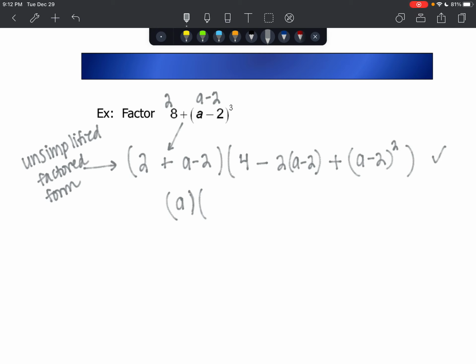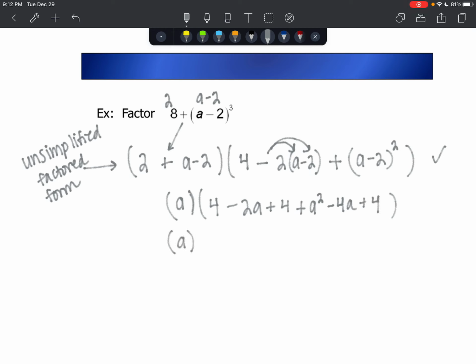And then what we have over here is 4 minus 2a plus 4. I'm going to distribute that negative 2. Plus a minus 2 quantity squared is going to be a squared minus 4a plus 4.